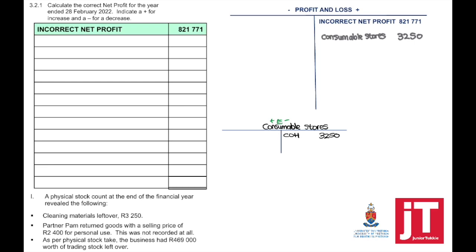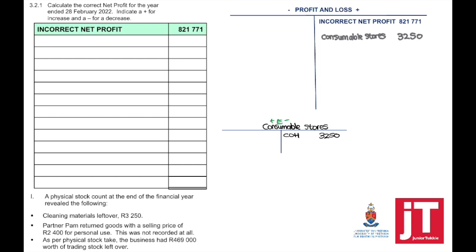Now the partner returned trading stock, which means that our trading stock will increase and the drawings will be credited, which will be minus. Now why is this relevant to the incorrect net profit which was calculated? Because as per physical stock take, the business had 469,000 worth of trading stock left over, which means that the trading stock deficit or surplus was not calculated yet.